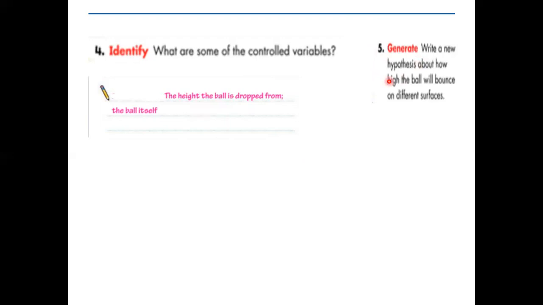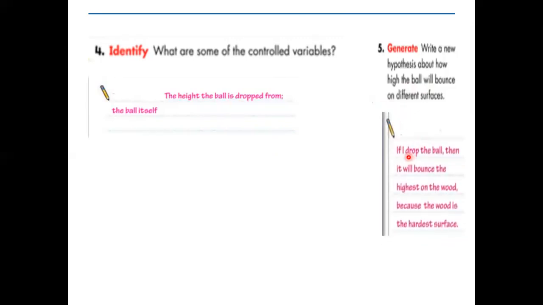Now, who can read question number five for us? Number five, generate. Write a new hypothesis about how the ball will bounce on different surfaces. Yes, excellent.